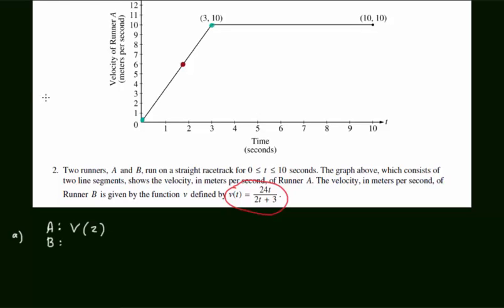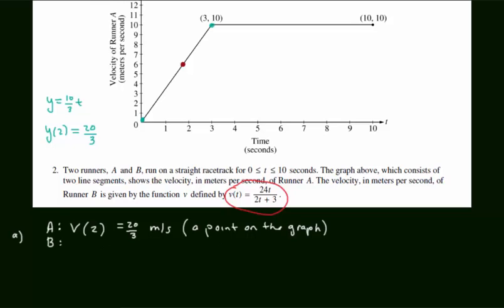The slope would be the change in y over the change in x, which would be 10/3. So this equation is simply y equals 10/3 t. Then, if I wanted to know what the velocity was at 2, I would plug it in and I would get 20/3. So the velocity of runner A is equal to 20/3 meters per second, and that is a point on the graph.